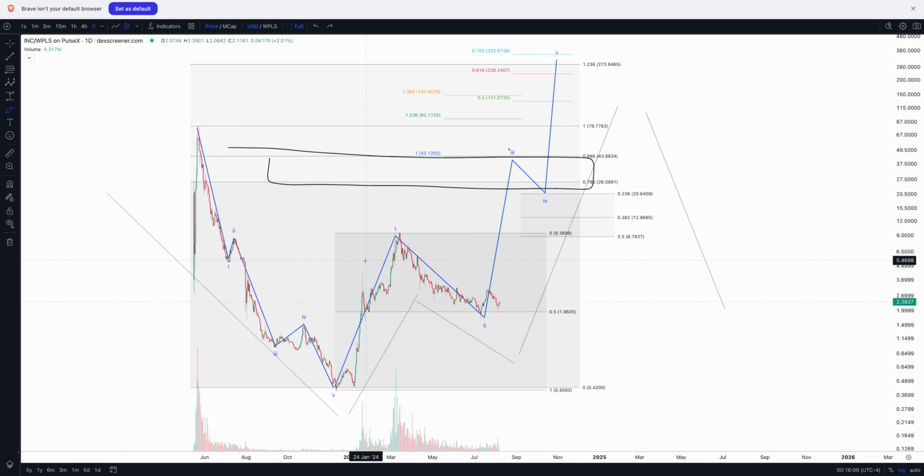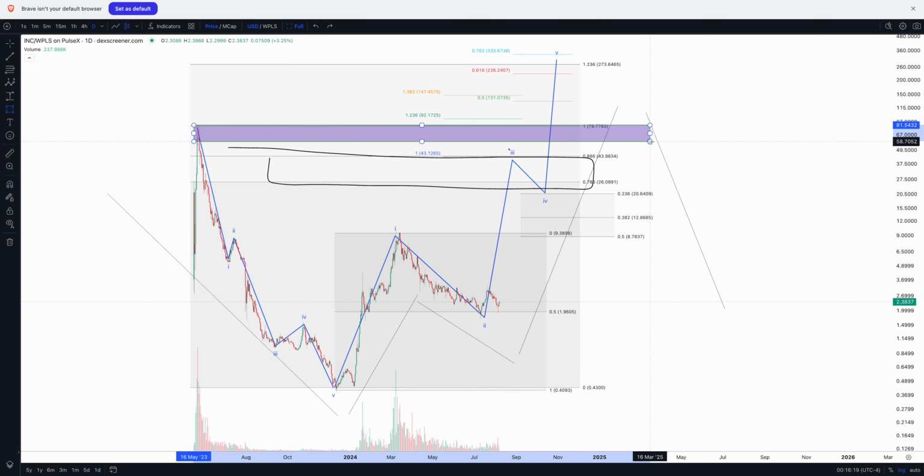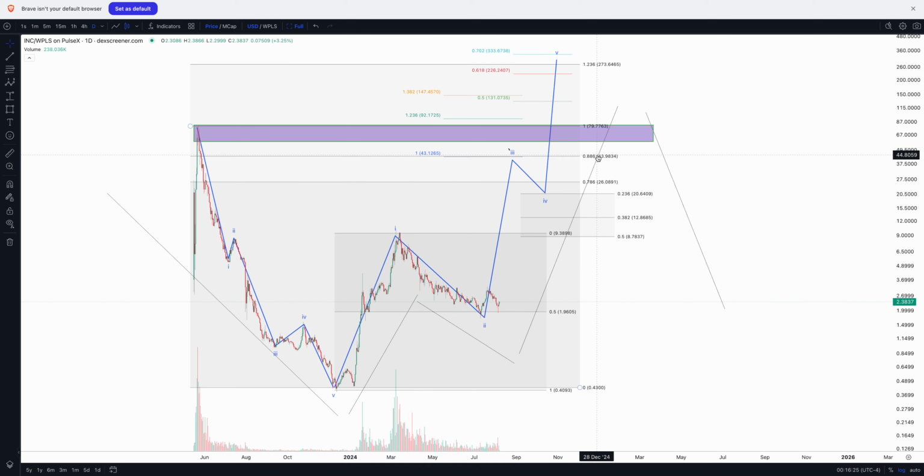So this scenario shows that we're in a W-shaped recovery with a high probability of us making it back towards our last all-time high, or at least around it. It's maybe 78 to 88.6% of the way up, around 26 to 43 bucks.